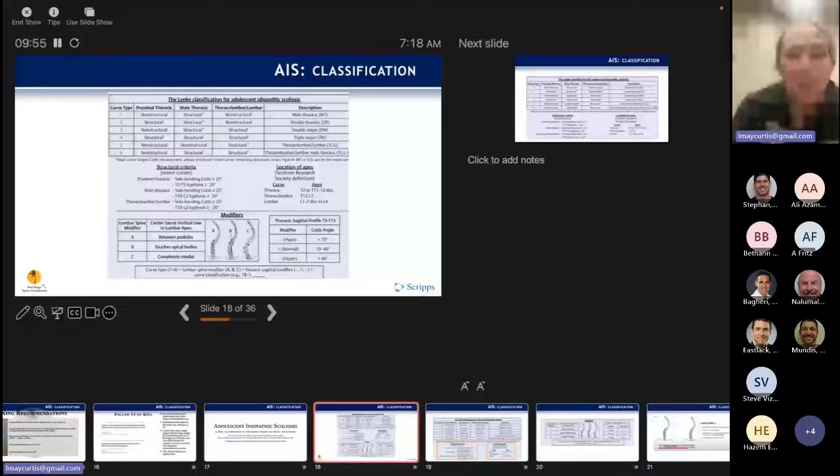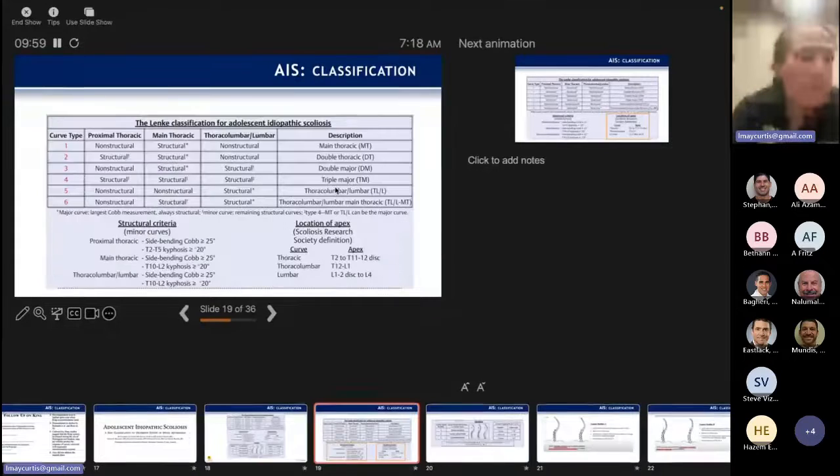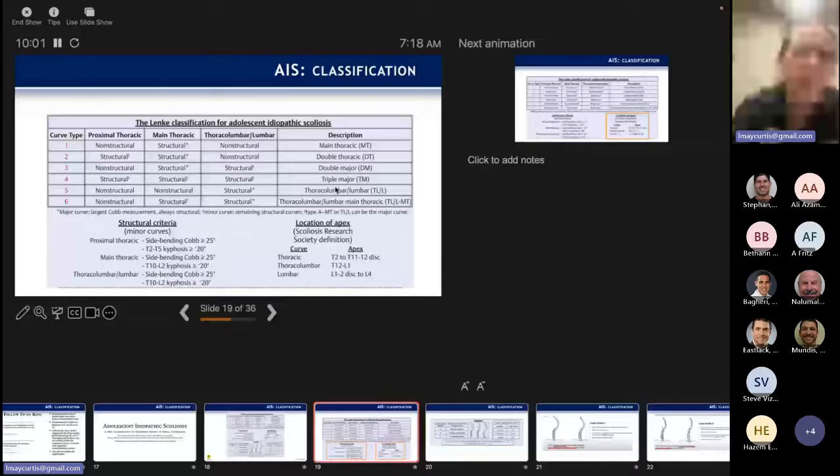So there are 3 steps. The first step is to identify and then classify the primary curve. So you're going to measure the curve at each level, that's the proximal thoracic, main thoracic, and thoracolumbar or lumbar level, and it tells you here which apex you're looking at for each of those.